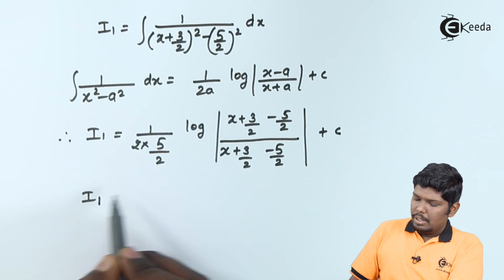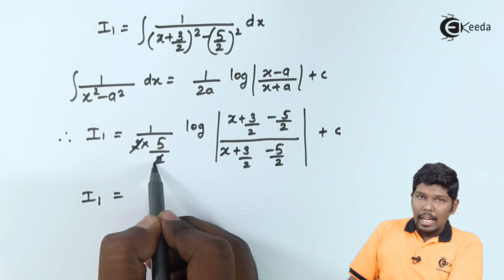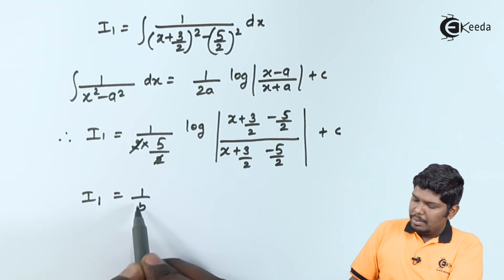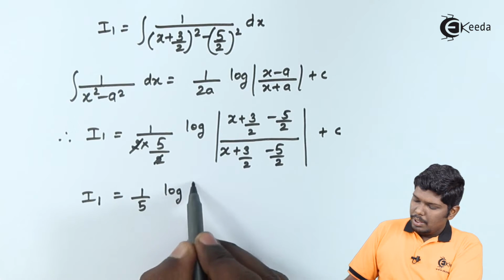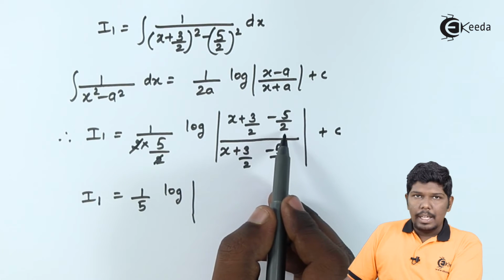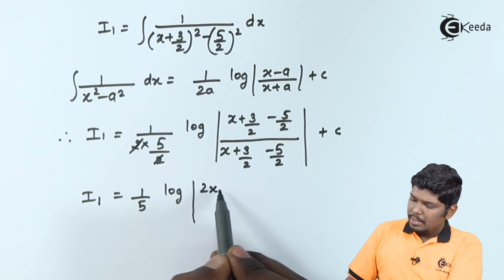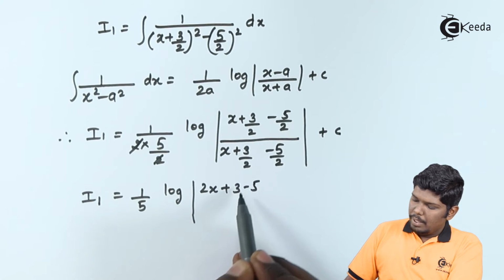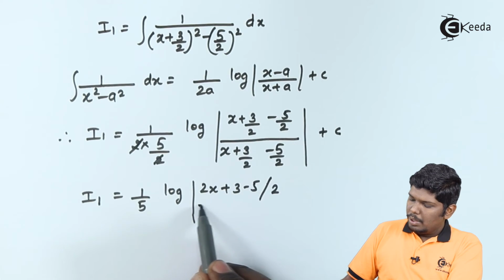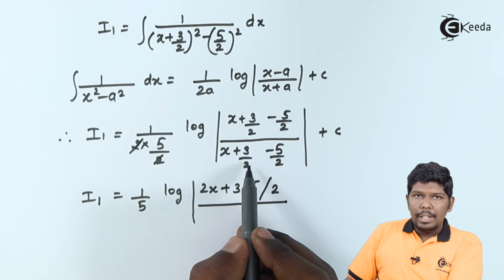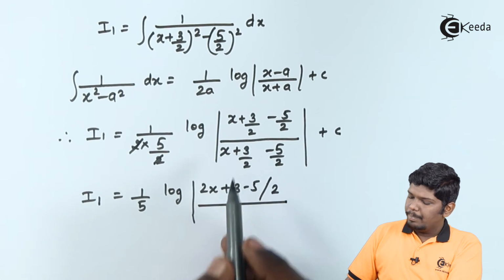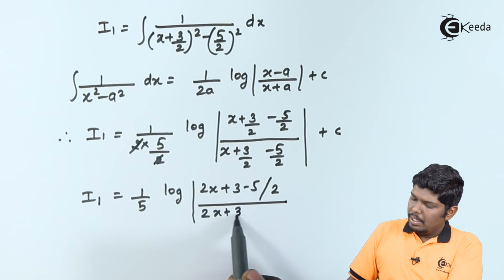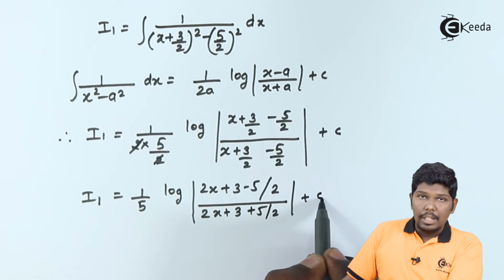On further solving, cancelling 2, we have 1 upon 5 log, where you can take 2 as LCM, that will give you 2x plus 3 minus 5 upon 2 divided by, again in the denominator we can take 2 as LCM, that is 2x plus 3 plus 5 upon 2 plus c.